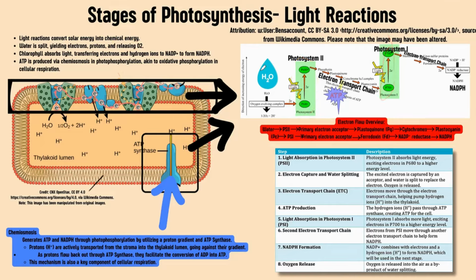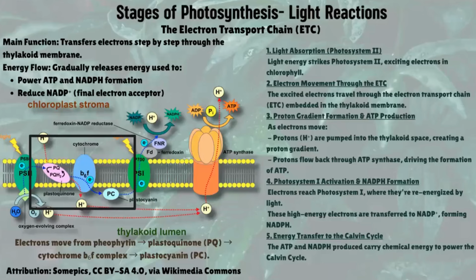ATP via chemiosmosis is called photophosphorylation when we're talking about plants. However, in cellular respiration, which you'll talk about in a later section, it's called oxidative phosphorylation. The process is very similar, however the naming convention is a little bit different.